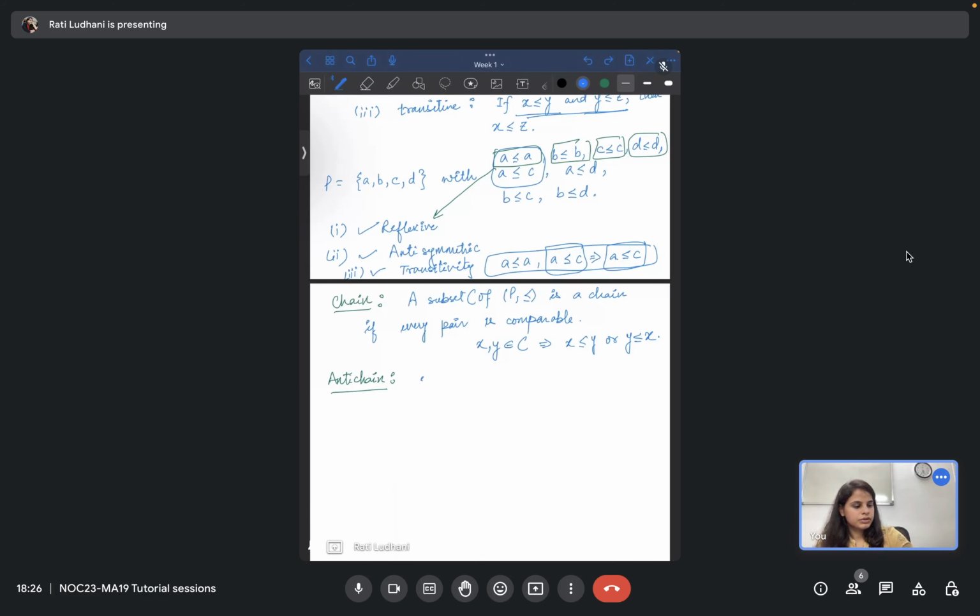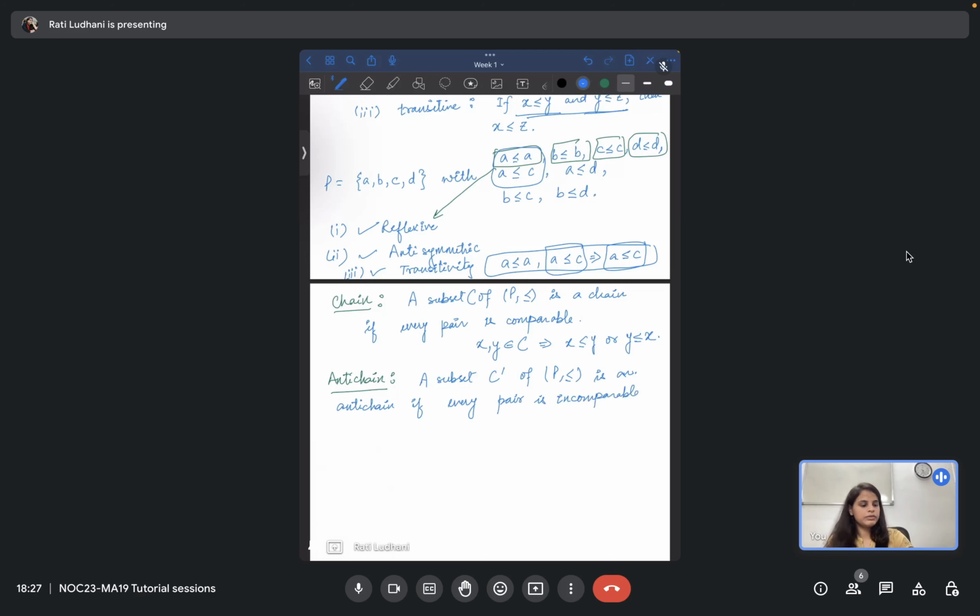So every pair is incomparable. So I should write the full definition. A subset C' of P is an anti-chain if every pair is incomparable.